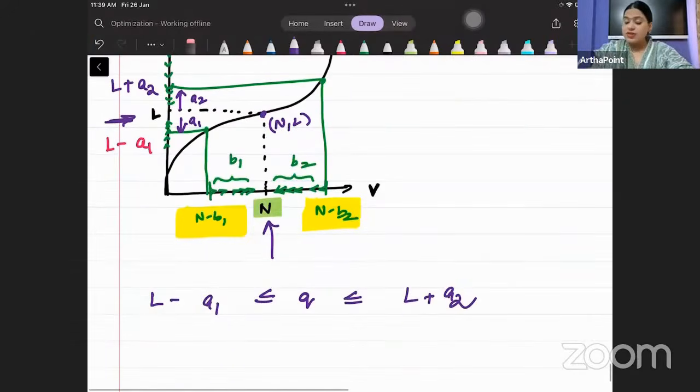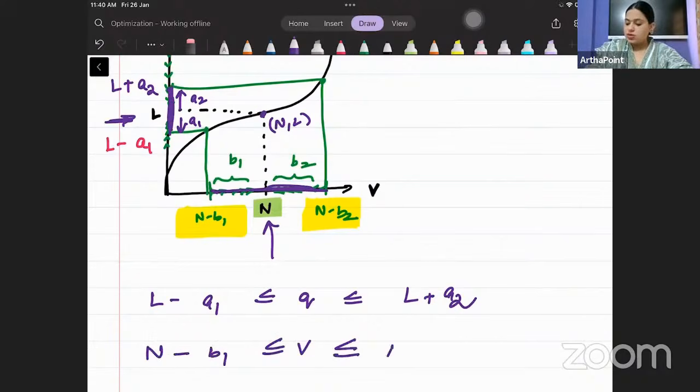And when will this happen beta? When will the values belong in this region? When v belongs in this region, n minus b1 to n plus b2.